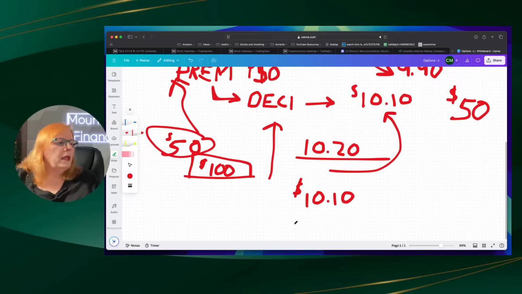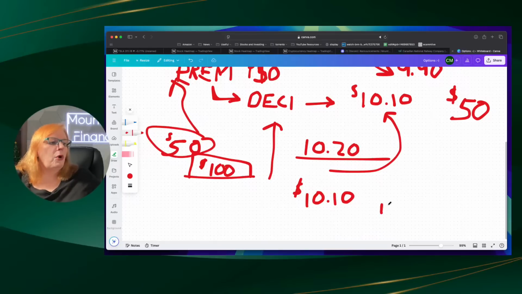Why would they? They've already spent that $50, and they're not really going to make anything here. So in that situation, at 10.10, they're probably not going to exercise it. They might. Some will. You're not going to make a lot of money here.